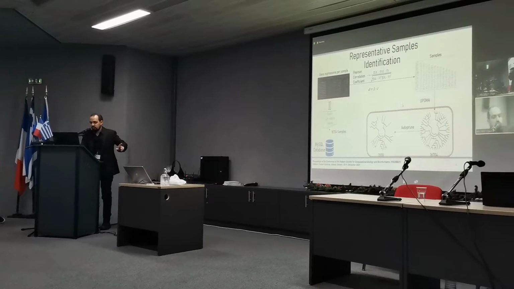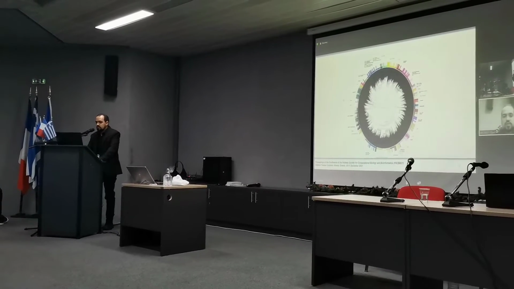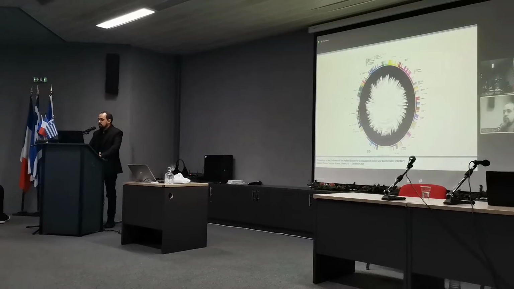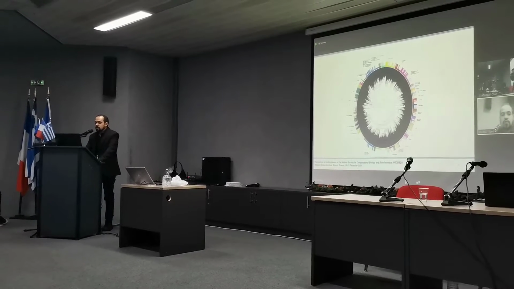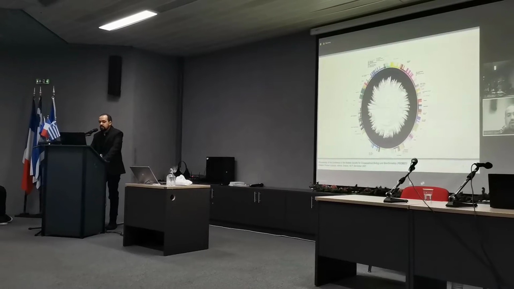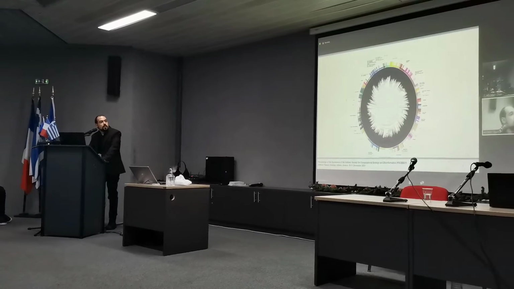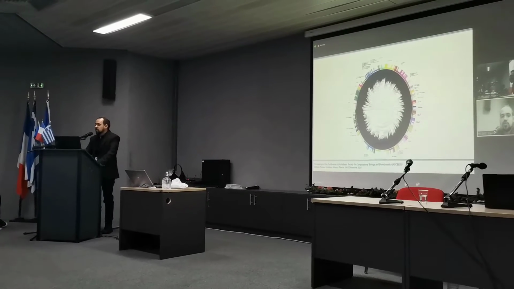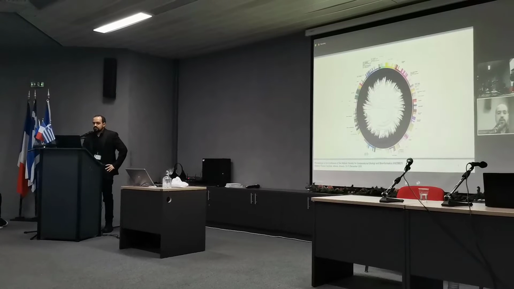Now let's zoom in on that for a minute. So this is the actual tree of the 17,000 samples. You can see how all of them are grouped, and the interesting thing is that samples of the same tissue are actually clustered together.